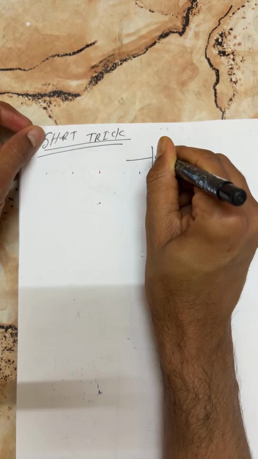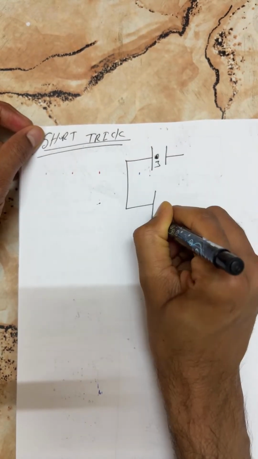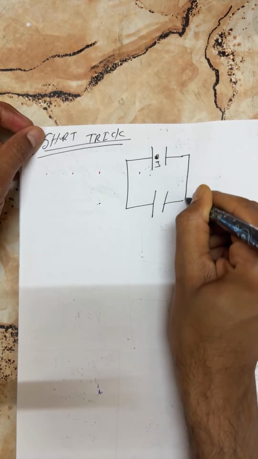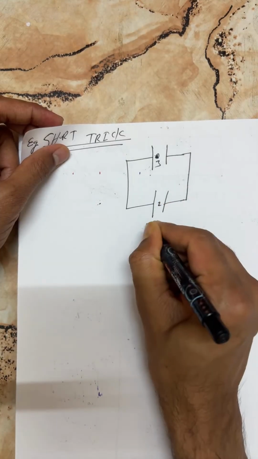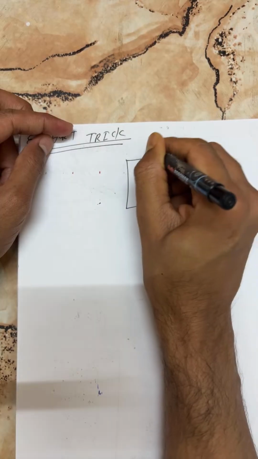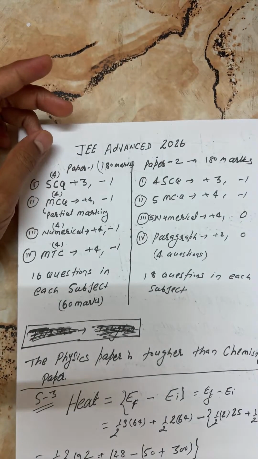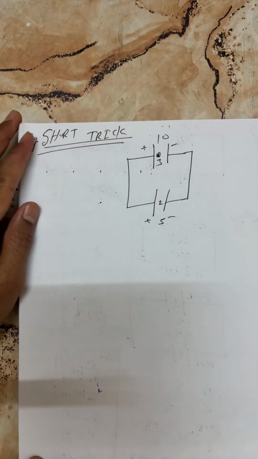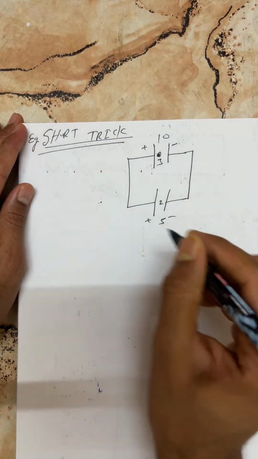This is 3. And this is connected to 2. 5. This is 2 plus minus 5. And this is plus minus 10. Correct now? Correct here. So how can we do these kinds of questions here? By short trick.